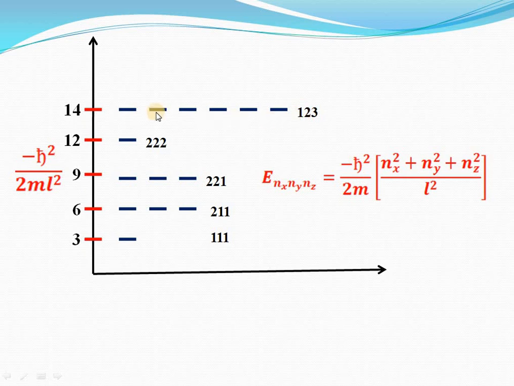So it has 6 degenerate energy levels, and each has energy 14ħ²/2mL². So you can see that due to the presence of cubic symmetry in the system, we can obtain many degenerate energy levels. In the case of 211 and 221 we have a triply degenerate system, and in the 1, 2, 3 energy levels we have a 6-fold degenerate system.